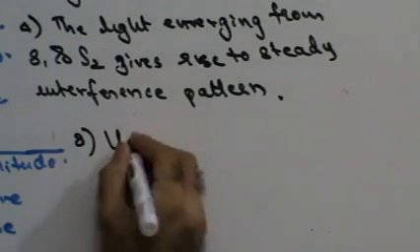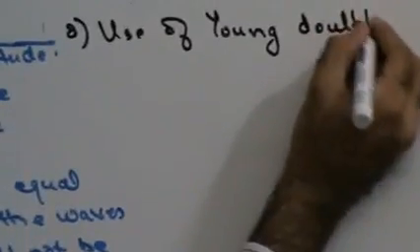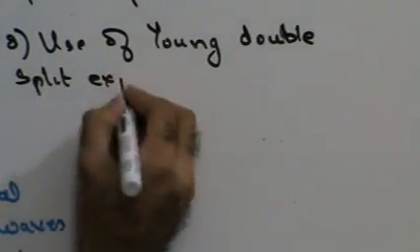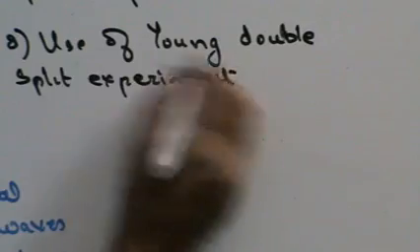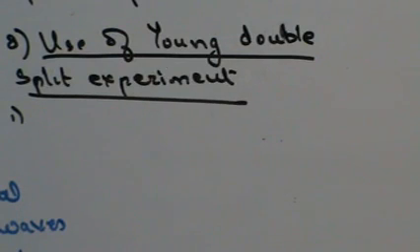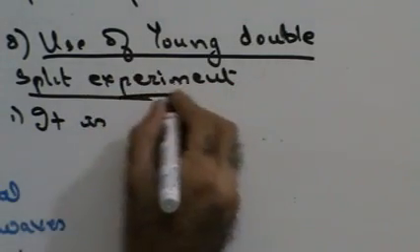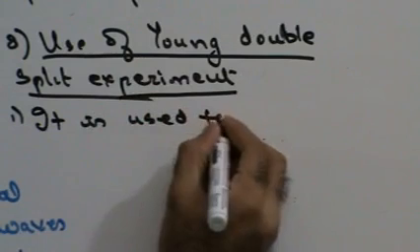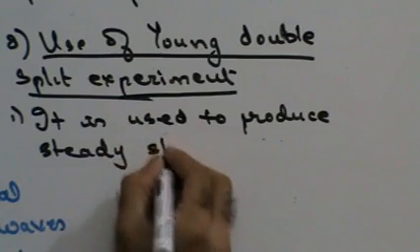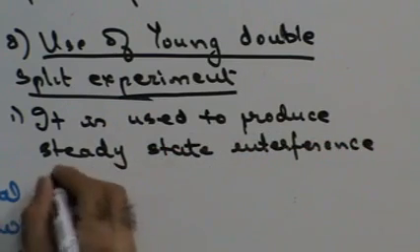Use of Young's double slit experiment: first, it is used to produce steady state interference on the screen.